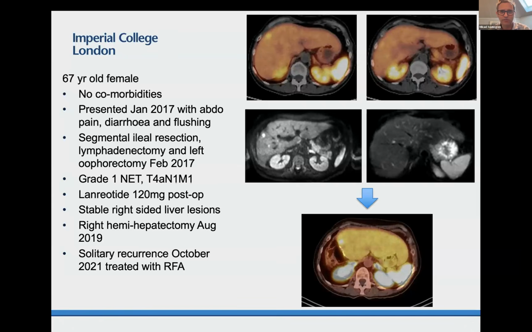So we wanted to ensure that this small volume disease that we saw in this patient did not represent a small picture of a much wider disease burden. And so she was placed on lanreotide for a period of time. We saw that the lesions were stable, and then she went on to have a right hemihepatectomy in August 2019. She actually had a solitary recurrence, as you can see here on the bottom picture, in October 2021, that was treated with radiofrequency ablation.